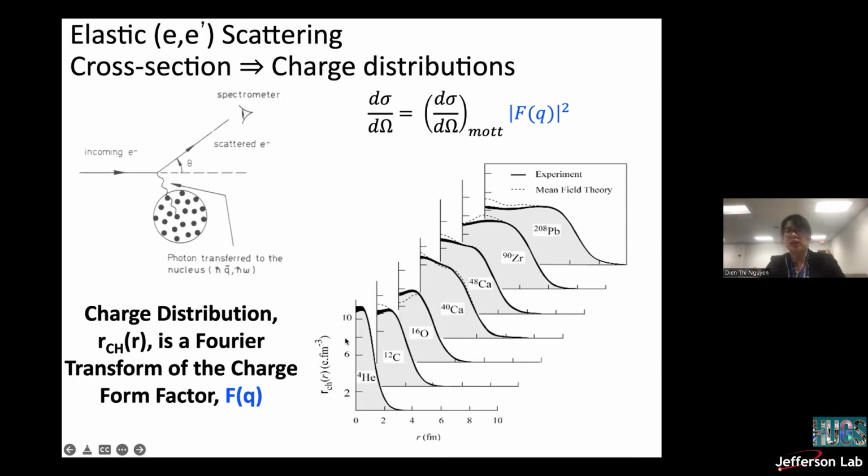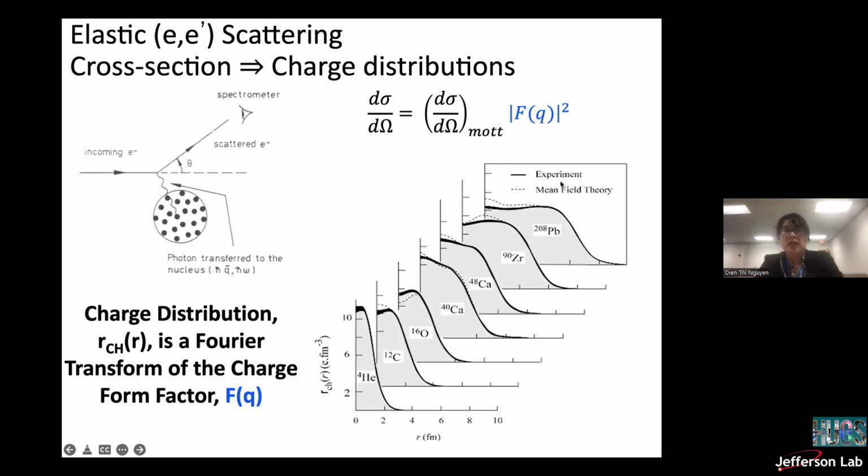The charge distribution is shown in this one: the solid curve is the calculation based on some assumption, and the experimental data is for different nuclei. The charge distribution here is the probability to find charge at the corresponding R, the radius of the nucleus.